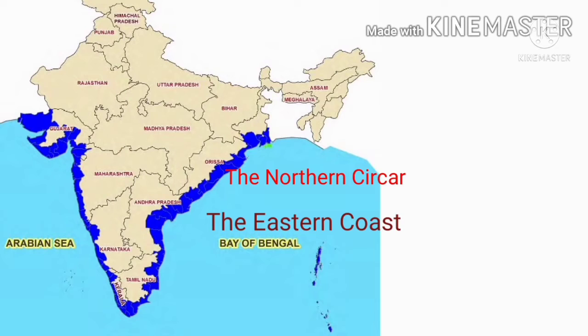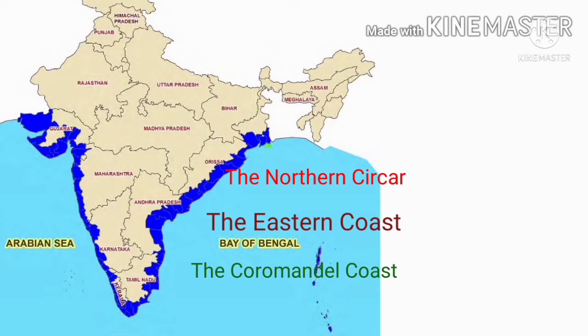The northern part of the eastern coast is known as the northern Sircar. The southern part of the eastern coast is known as Coromandel coast. So what are the two sections of the eastern coast? The northern Sircar and the Coromandel coast.